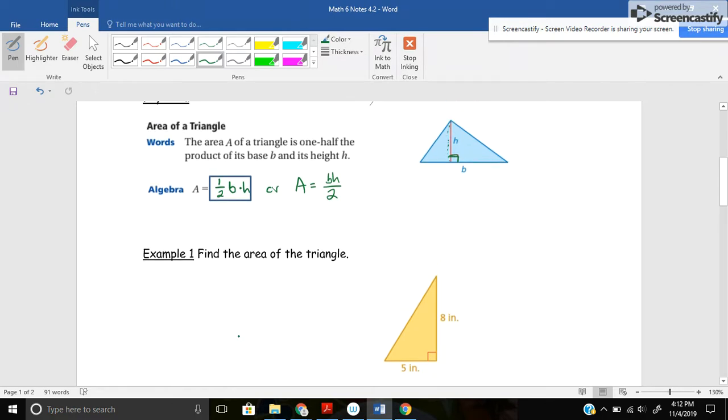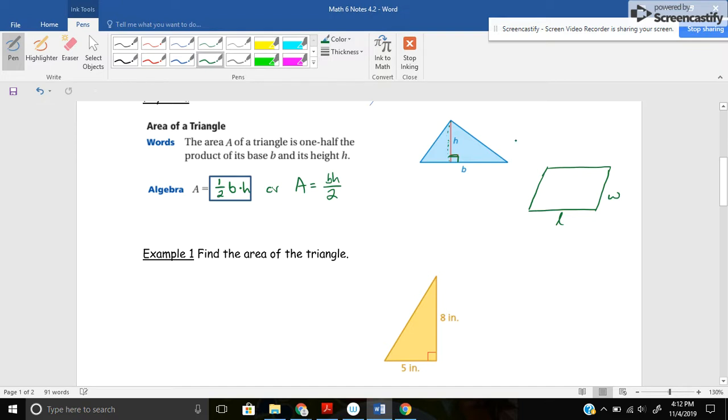One thing I'd like to discuss is how we got that. If you take a parallelogram or even a rectangle, which we talked about last section, that formula was length times width.